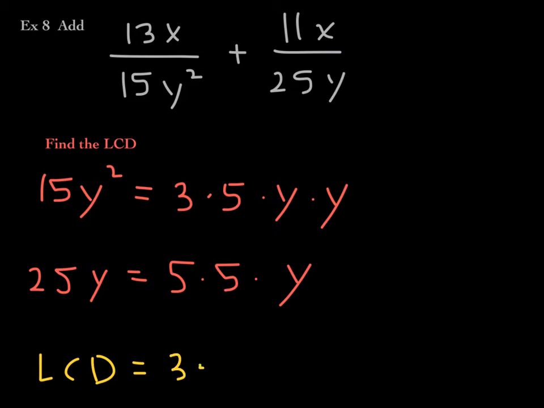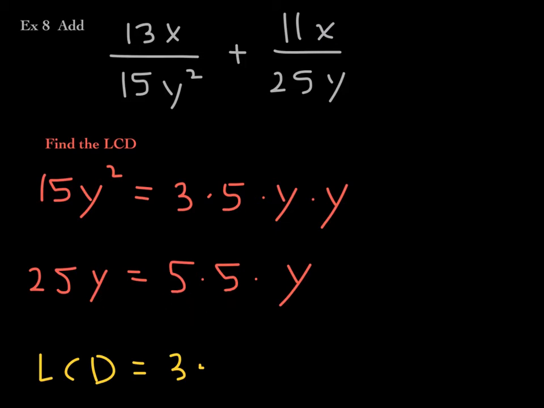I see a factor of 5, so I have to put a 5 in here. How many times? In this factorization, 5 appears once. But in this factorization, 5 appears twice. So the greatest number of times that 5 appears in any one factorization is twice.